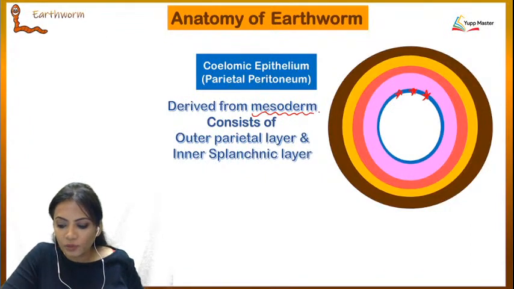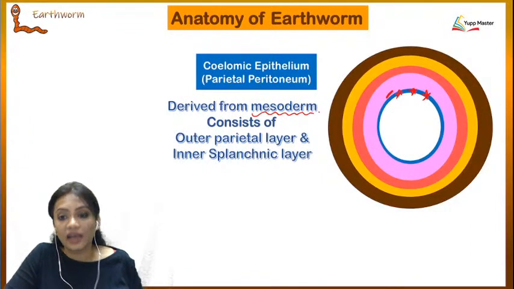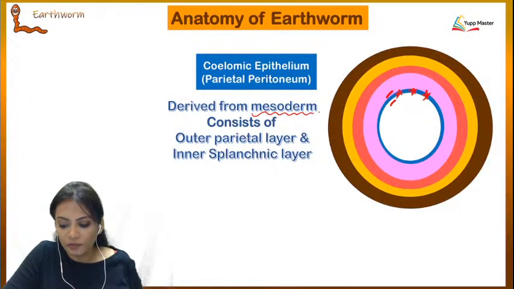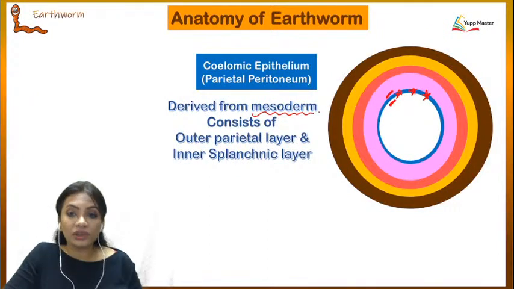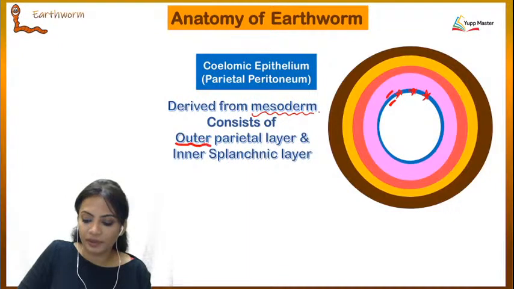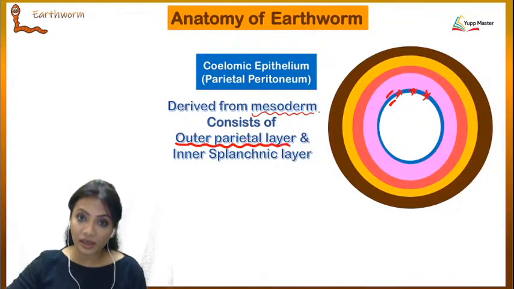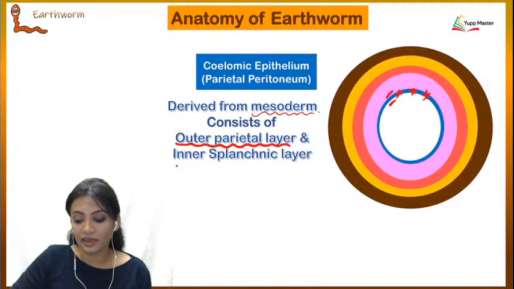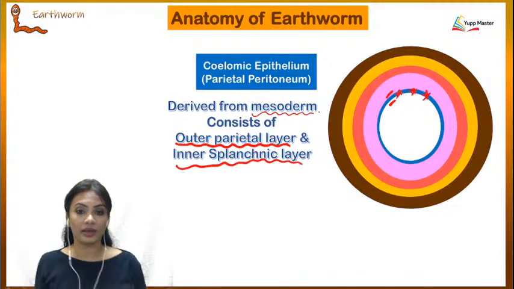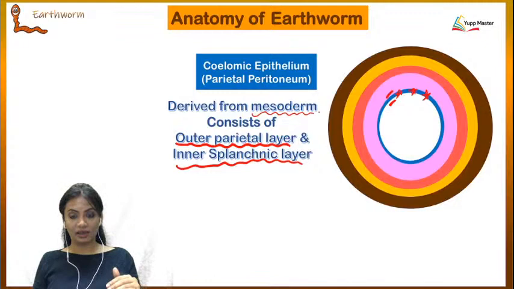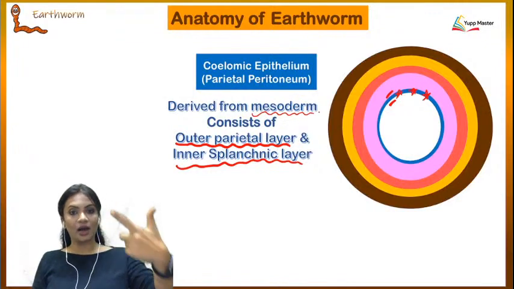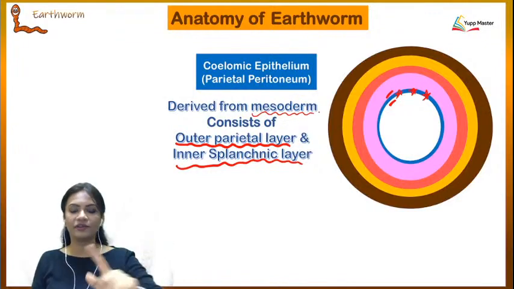The outer layer would be the one near the muscles. The inner layer would be the one near the coelom. That outer layer is called the outer parietal layer, and the inner layer is called the inner visceral layer, or you may call it the inner splanchnic layer. So that coelomic epithelium also contains two layers, the outer parietal and inner visceral layer.